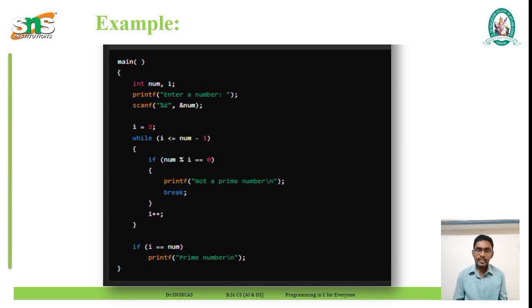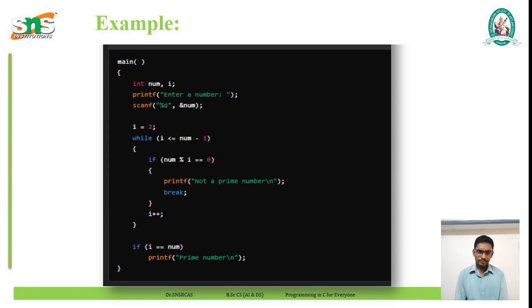So you can go for printing the output that the number is not a prime. Which means there should be a statement that takes the control out of the while loop. So here we are introducing the break statement, which moves the control totally out of the while loop.